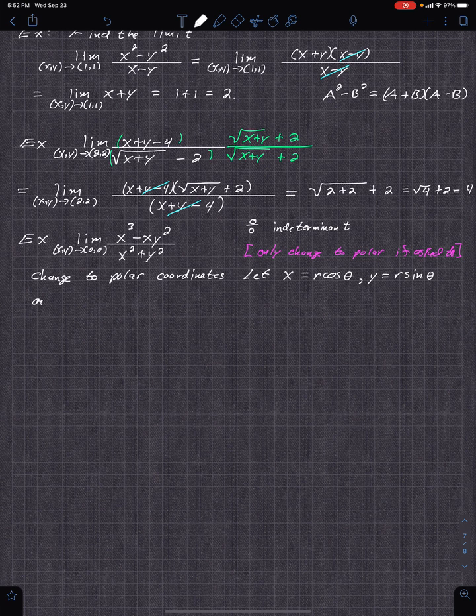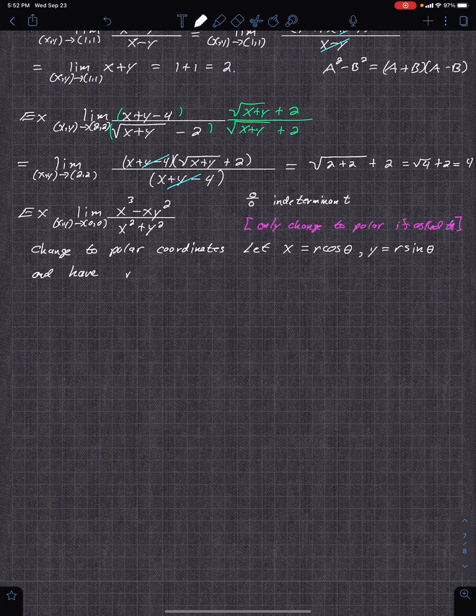Now this only works when you approach 0, 0, and have r approach 0 implies xy approaches 0, 0. So that's your basic technique. You substitute in for x and y, and then you just have r approach 0.